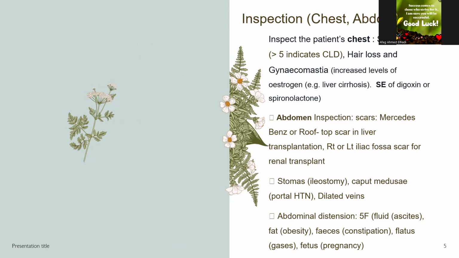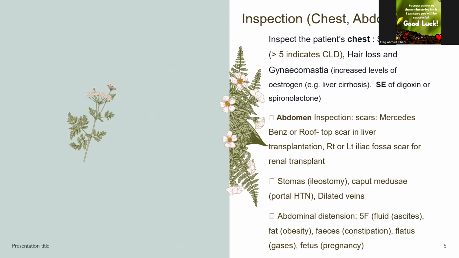And then very important is to check for scars, because it could be the only positive finding. The patient may have Mercedes-Benz or rooftop scars, which are the scars of liver transplant, and all the discussion will be about liver transplantation. So be mindful of scars.